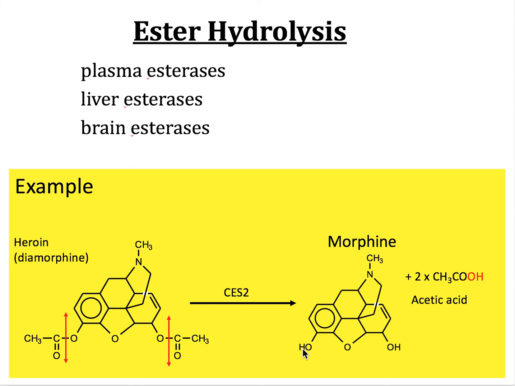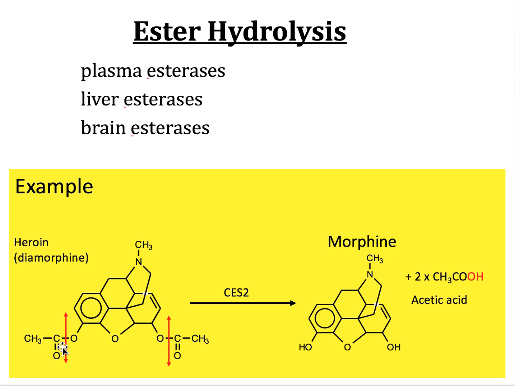Plasma esterases, liver, brain, but an example would be, first you would look at this molecule here, so it's heroin. You look for the functional group wherever you can find it, so it's clearly not an amide because there's no NH2 groups around. I can see an ester. It's not an ether, it's an ester because it has a carboxylic group.